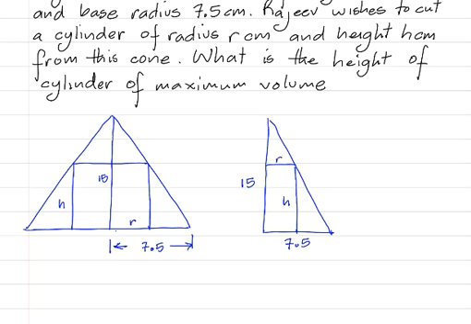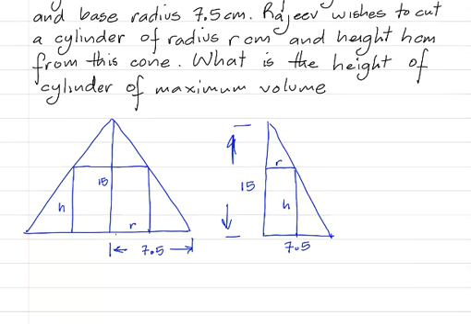The entire height of the cone is 15. Now the height of this triangle at the top, which is a similar triangle, would be 15 minus h.